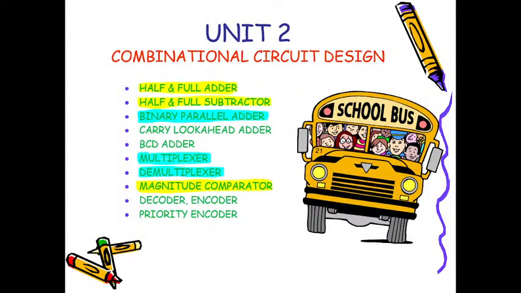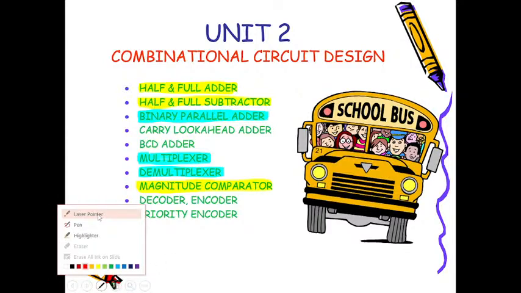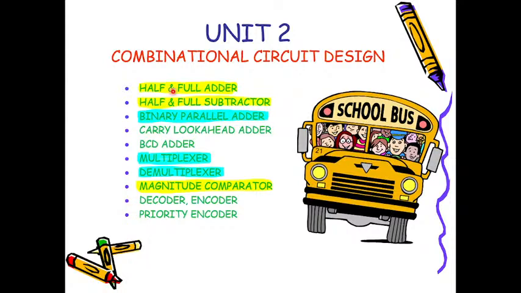For any digital electronics or digital principles and system design students, whether CSE, AI and DS, or any department, something involving digital electronics, unit 2 will always be your combinational circuit design. Under unit 2, you will have the following topics, starting with adder: half adder, full adder, half subtractor, full subtractor, and the binary parallel adder, carry lookahead adder, BCD adder.